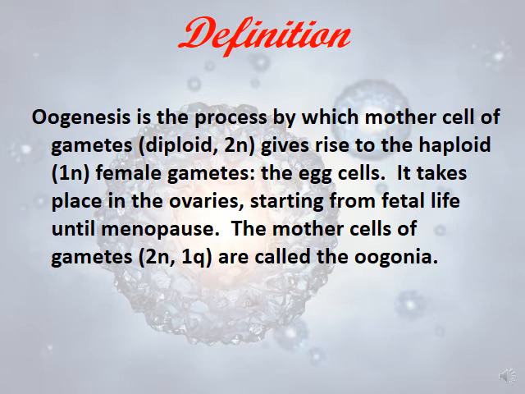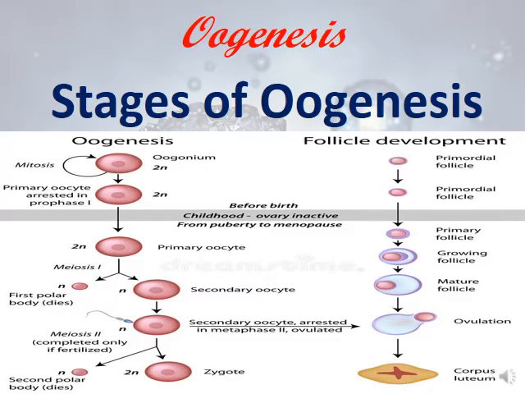The mother cell of gametes, 2N, 1Q, is called the oogonia. This is the definition of oogenesis.